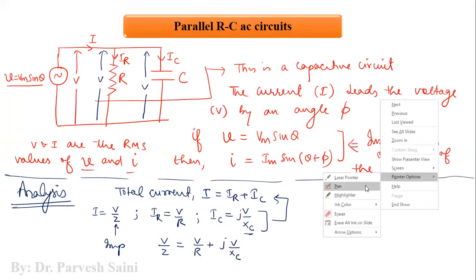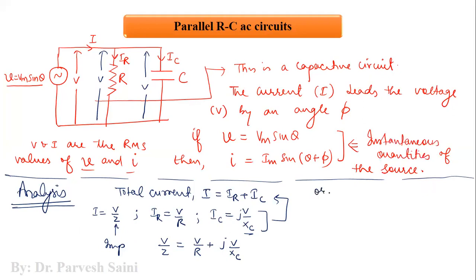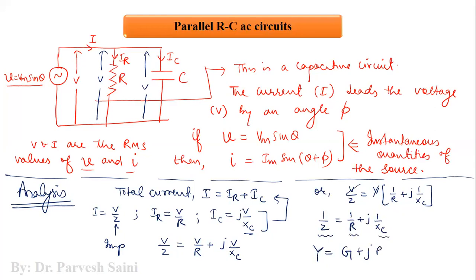So we have V by Z is equal to, taking V common in this part, 1 by R plus J 1 by XC. Now V is cancelled out here. So we have 1 by Z is equal to 1 by R plus J 1 by XC. So 1 by Z is the admittance, 1 by R is the conductance, plus J, and this is the susceptance, the capacitive susceptance.